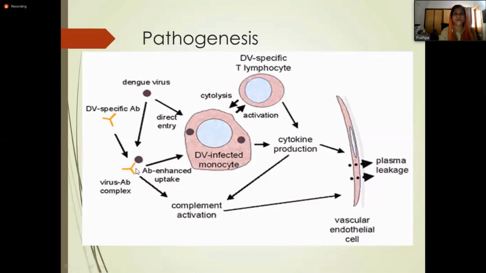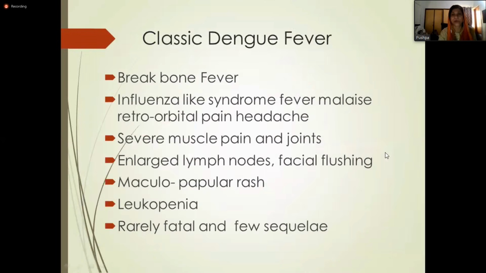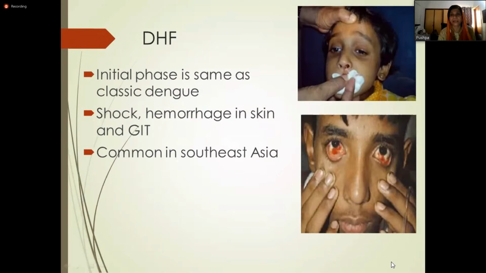Once these antigen and antibodies are formed, they increase the entry of the virus into the macrophage, and then the other complications will take place. Okay, I hope I'm clear.